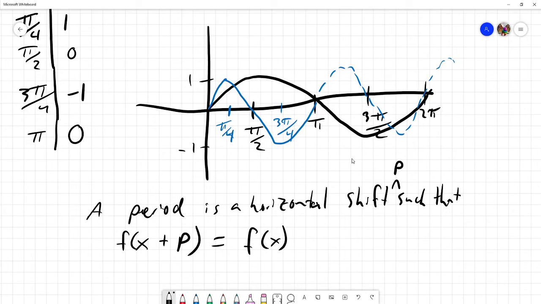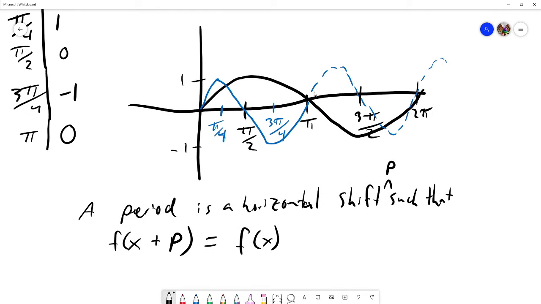So when we think about, say, 3 pi over 2 here on the blue curve, that's acting just like pi over 2 over here. That's because our p-value here is pi. So 3 pi over 2 minus pi over 2 gives us this distance in between of pi.